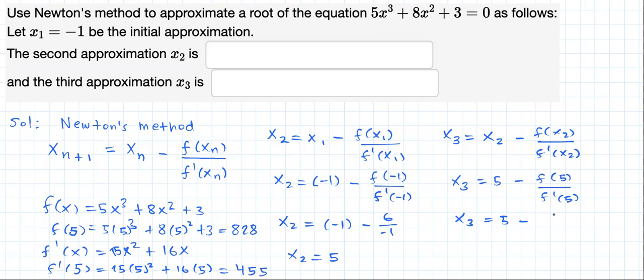So on the numerator 828, on the denominator 455, right? So x3 should be equal to 5 minus 828 divided by 455. When you compute this in your calculator, it should give you 3.18021978, right? And this is supposed to be a new solution that, compared to 5, is an improvement, right?